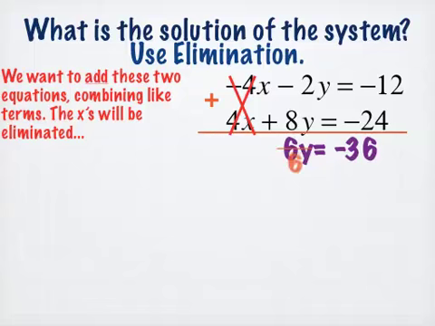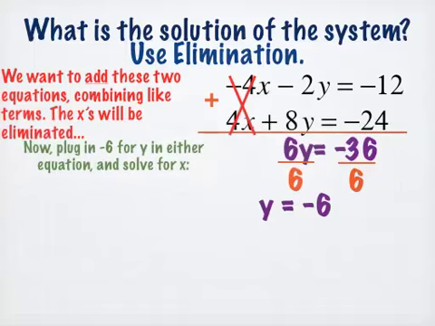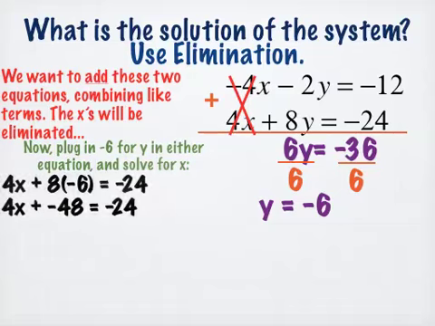To solve for y, I need to divide both sides by 6, and when I do that, I get y equals negative 6. Now I need to plug in negative 6 for y in either equation and solve for x. I'm going to choose the second one because there's less negatives to worry about. So I have 4x plus 8 times negative 6 equals negative 24. 8 times negative 6 is negative 48.